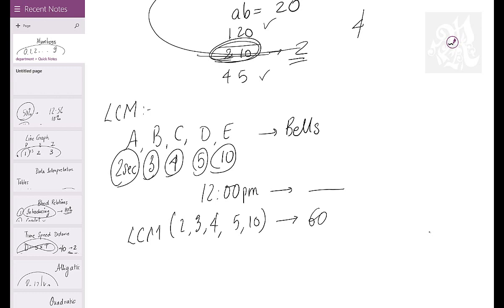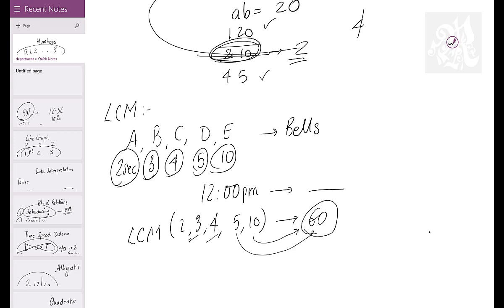Why take the LCM? Because the 10 second bell will also be at 60, and the 5 second bell will also toll at 60 seconds. Everybody will toll at the same time, which is after 60 seconds, which means it has to be a multiple of all the numbers. That will be the total time, 60 seconds.